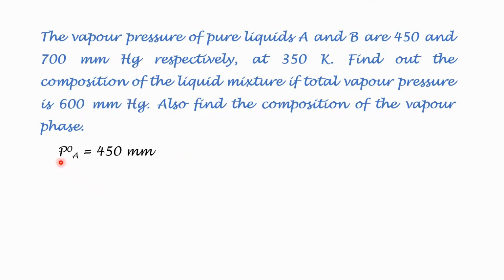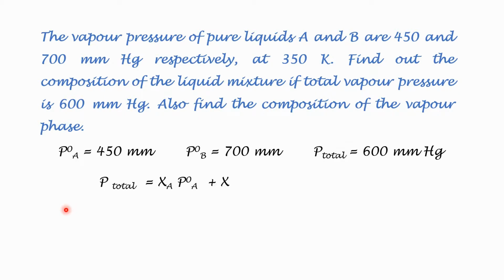Now, what are the data given? First one is vapor pressure of pure A is 450 millimeters, vapor pressure of pure B is 700 millimeters, and the total pressure is given as 600 millimeters. So we have the Raoult's law equation. P total will be equal to XA into P0A plus XB into P0B. Now let us substitute these values. So 600 will be equal to XA into 450 plus XB into 700. So here in this equation we have two unknown values.